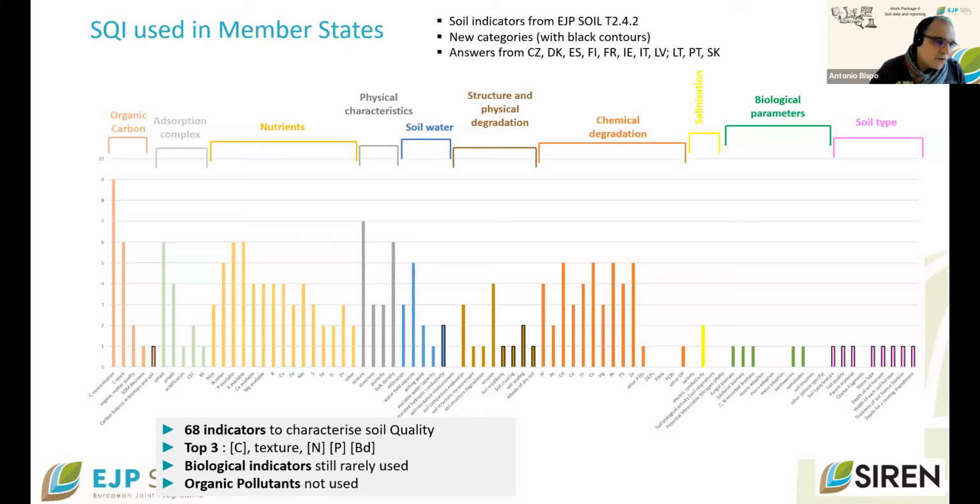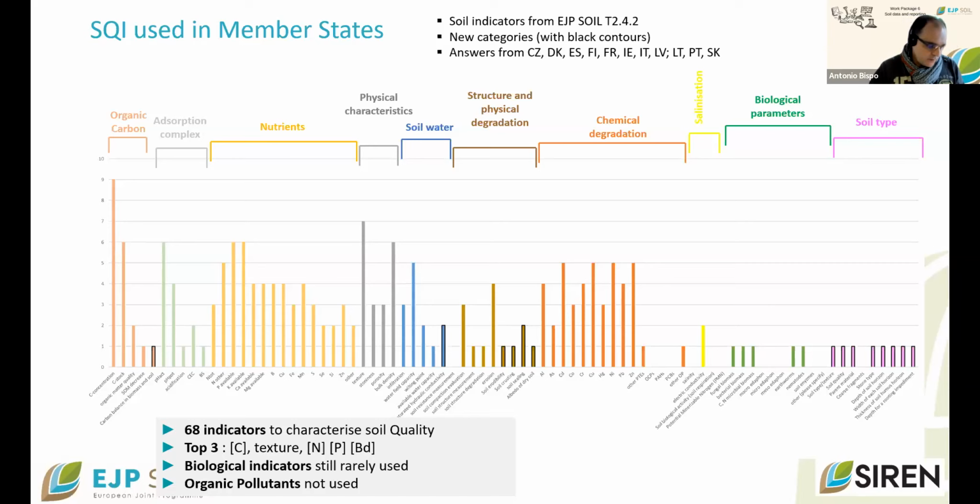All the indicators used in the different countries are grouped here by categories. You see that you have indicators for organic carbon, for adsorption complex, for nutrients, indicators that report on physical characteristics or on soil water content, on structural and physical degradation or chemical degradation, biological parameters, for example. So from those 68 indicators, we then group them, and then we identify the top 3 indicators.